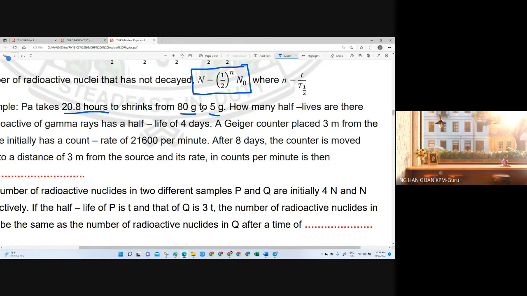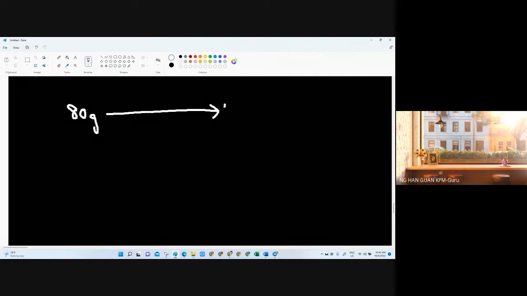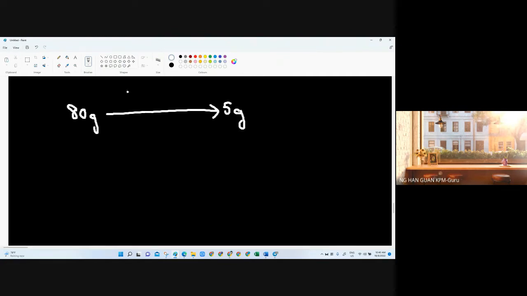So it takes 20.8 hours to shrink from 80 gram to 5 gram. Beginning at 80 gram, it becomes 5 gram, taking 20.8 hours.